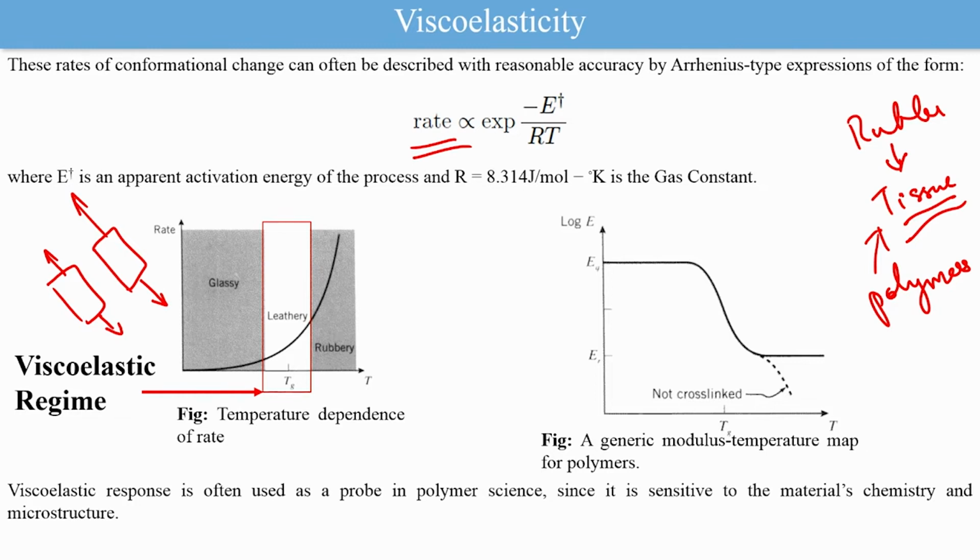Similarly, the change in temperature causes different behaviors in the tissue or the polymer based on the thermodynamic principle that we discussed earlier. You can see here a plot of the rate of deformation versus temperature, and as temperature decreases, the slope or the rate of reaction increases quickly.